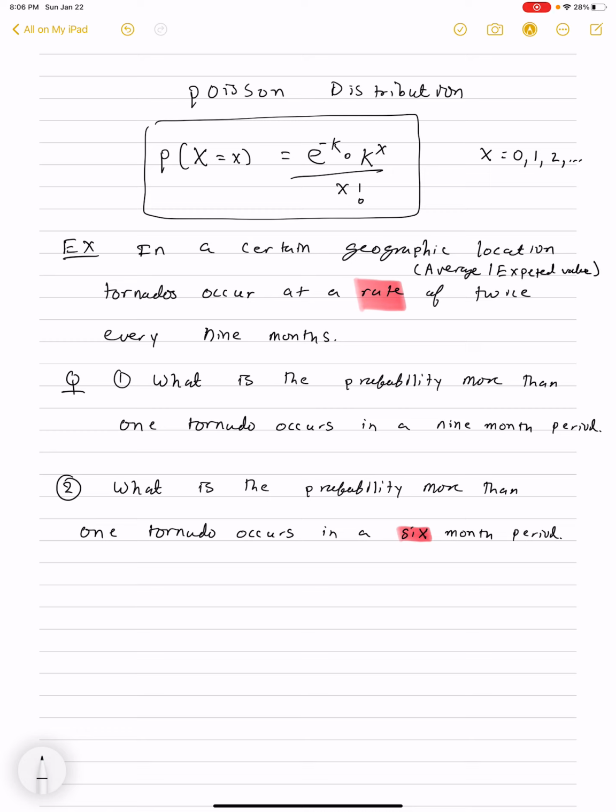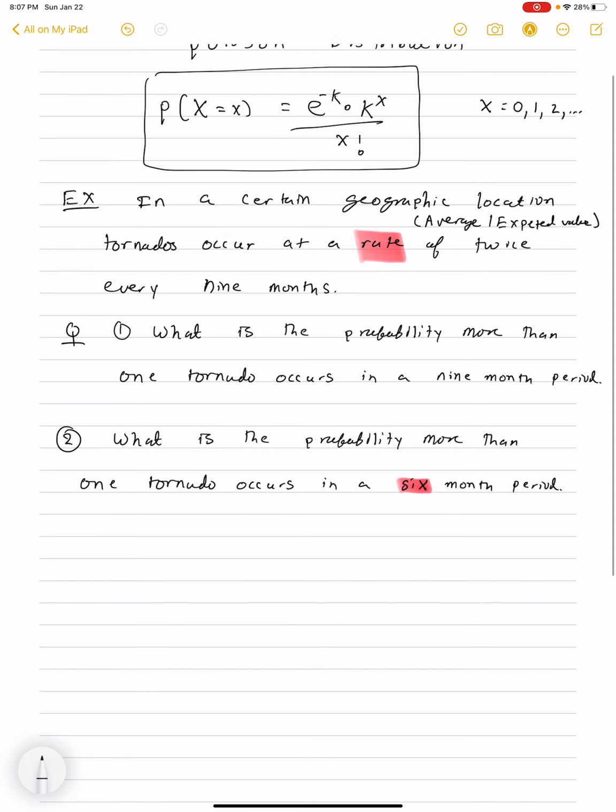Here the parameter k represents the average or the rate of occurrence. It turns out that the expected value of a Poisson distribution is actually k in that formula.